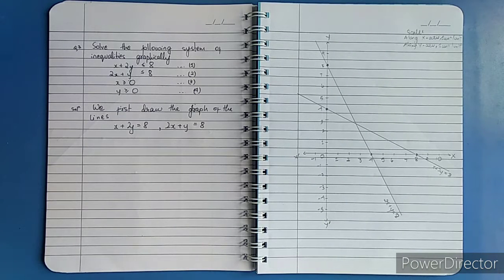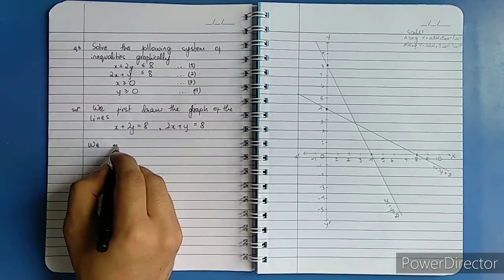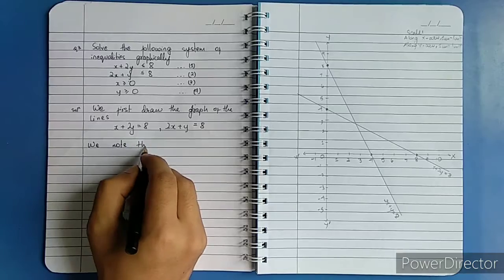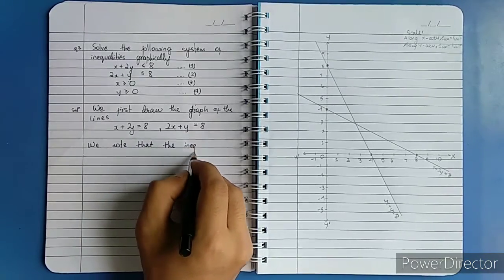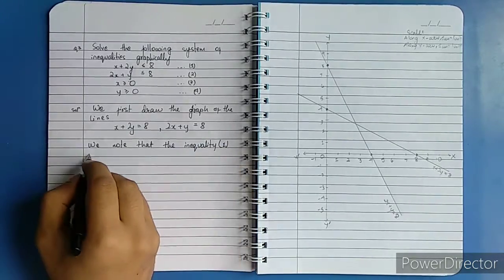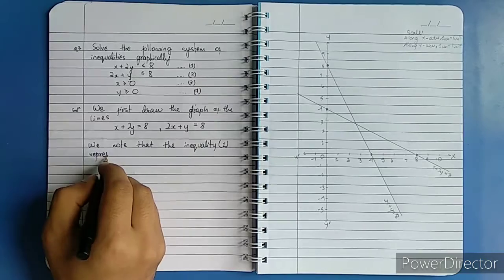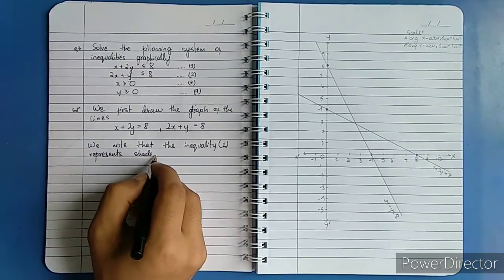Okay. Now we note that inequality 1 represents a shaded region.